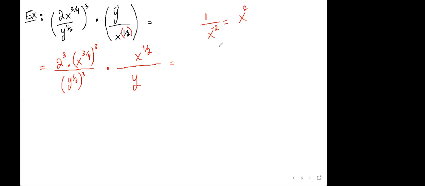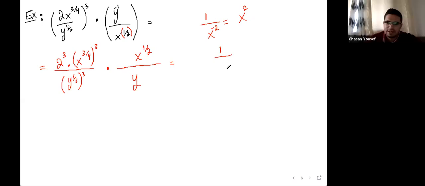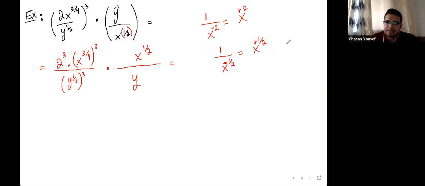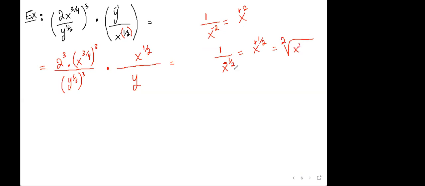Right. So the same thing for this one, 1 over x to the minus 1/2. The same idea. Moving this up, this is equal to x to the power 1/2, positive. Make sense? Yes. The 1/2 means the radical, the square root of x over 1. This is the meaning of the 1/2.